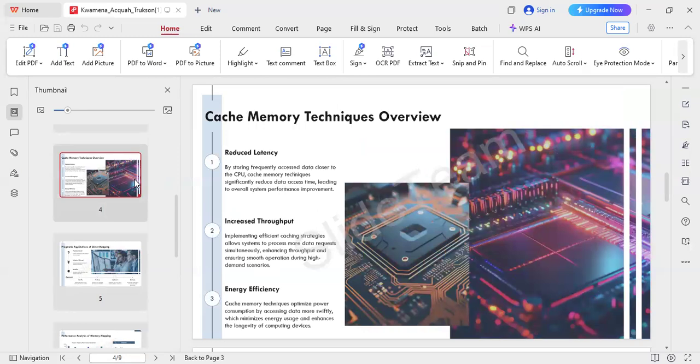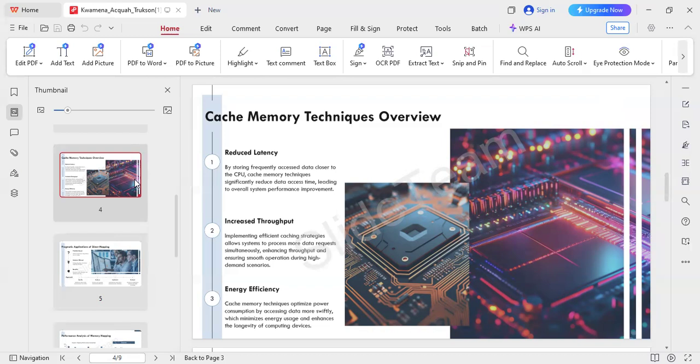Moving on to the next slide, I'm talking on cache memory techniques overview. My first point is reduce latency. How can you reduce latency? By storing frequently accessed data closer to the CPU. With this, it's going to reduce data access time and help improve performance.